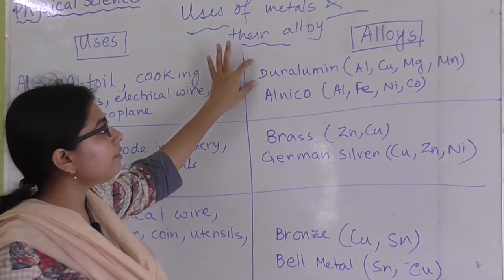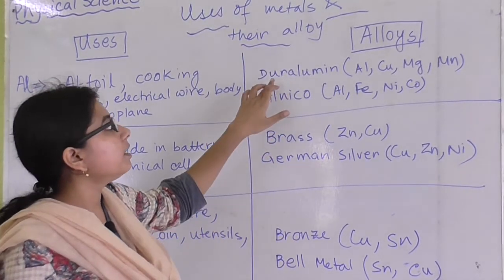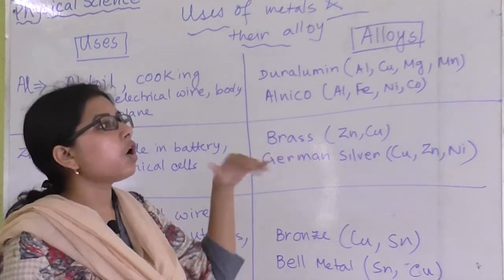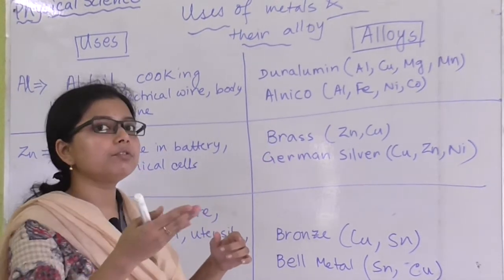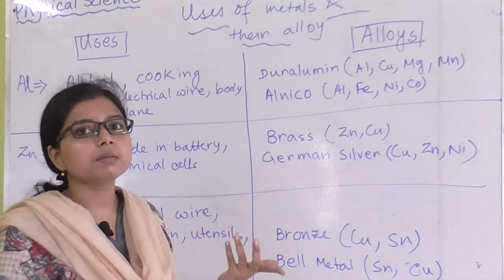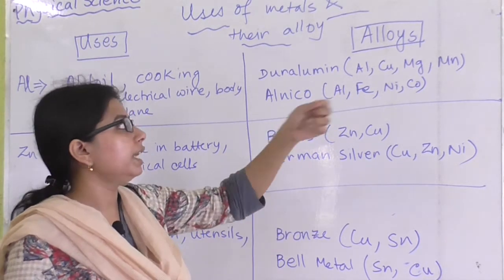So if the question is given in this way, that duralumin is an example of an alloy of dash, that means you have to write the name of the metal. Okay. Or you may have some options also, and you have to tick the right option there.